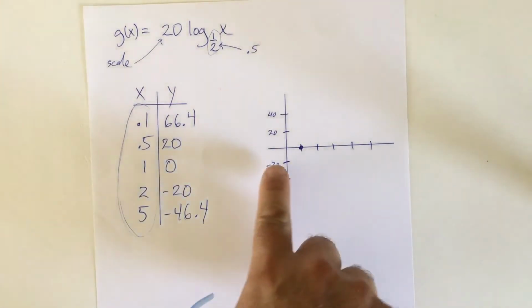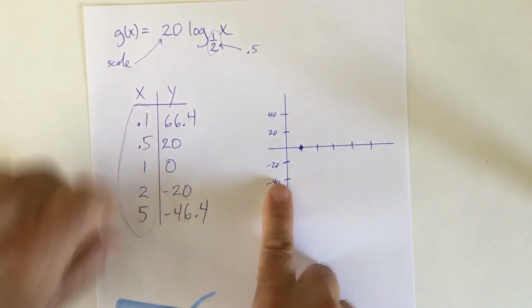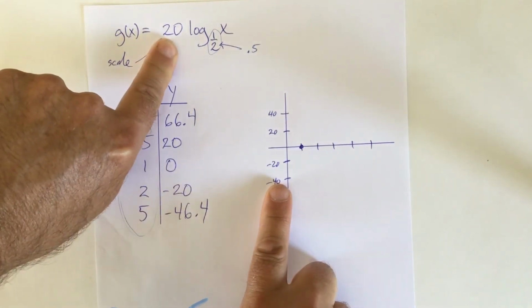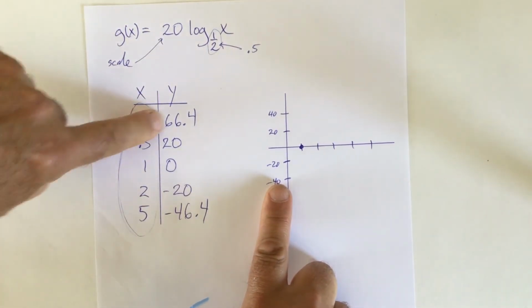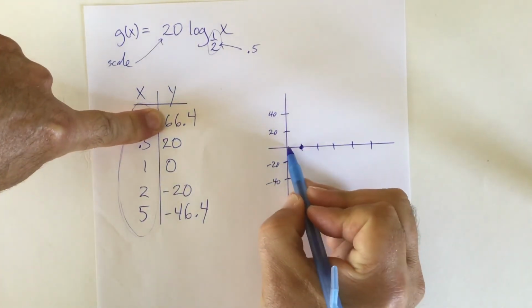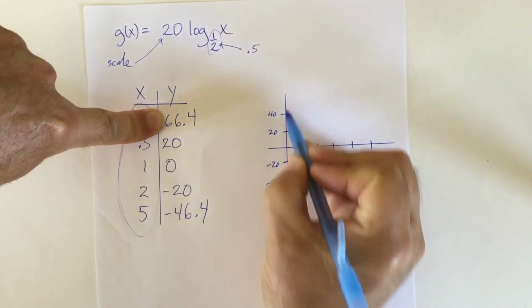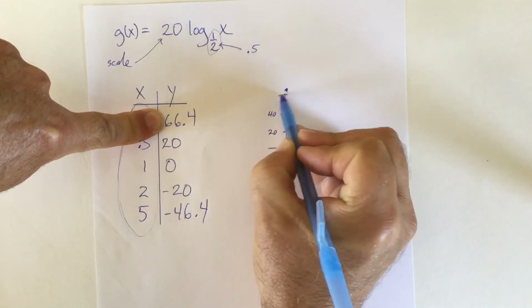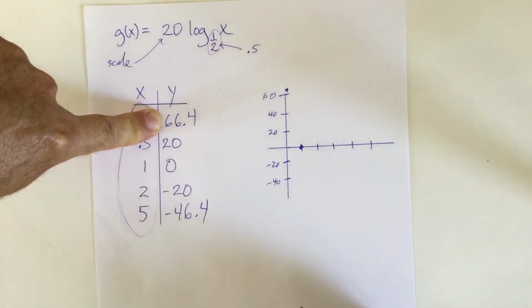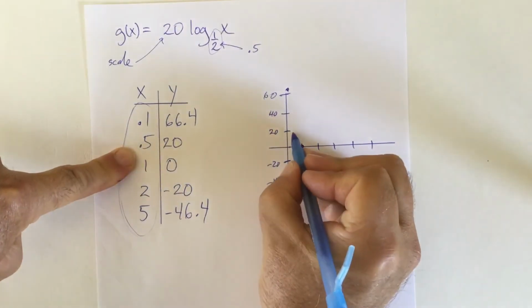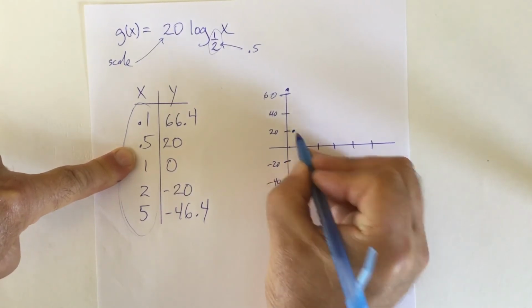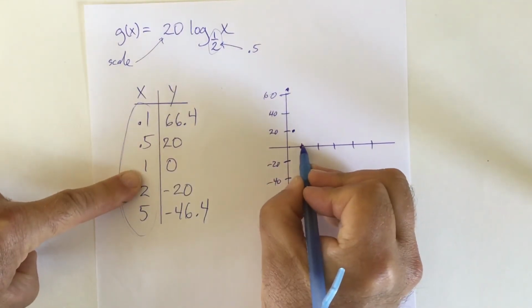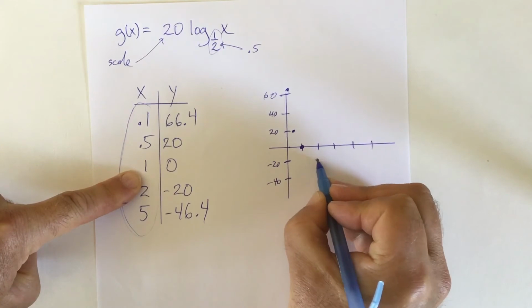But you know what? I already scaled my graph, because of the scalar. And when I plugged in 0.1, I got out 66.4. So 0.1 input, I get out like 66.4. So I'd be up here, right? And then 0.5, I got out 20. When I plugged in 1, I got out 0. Here I got a negative 20.